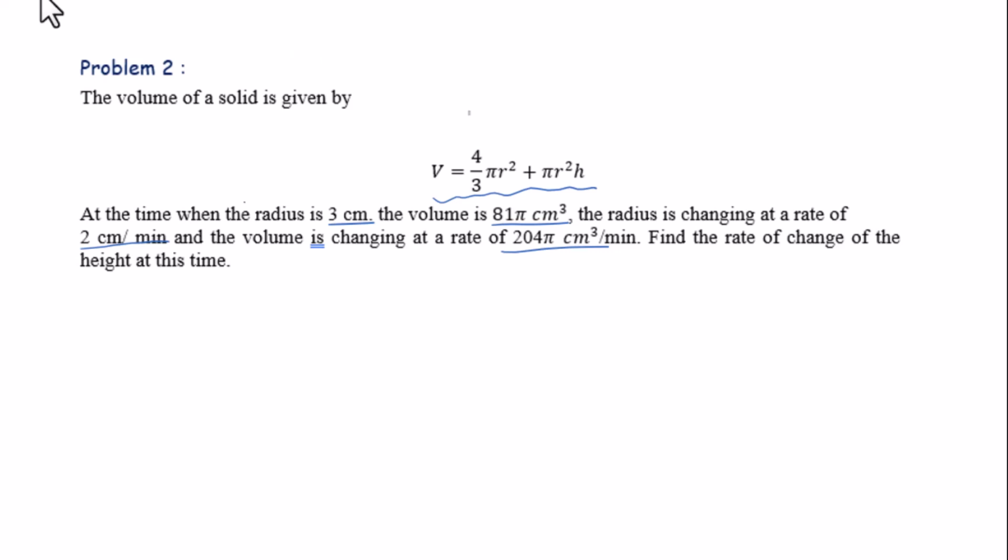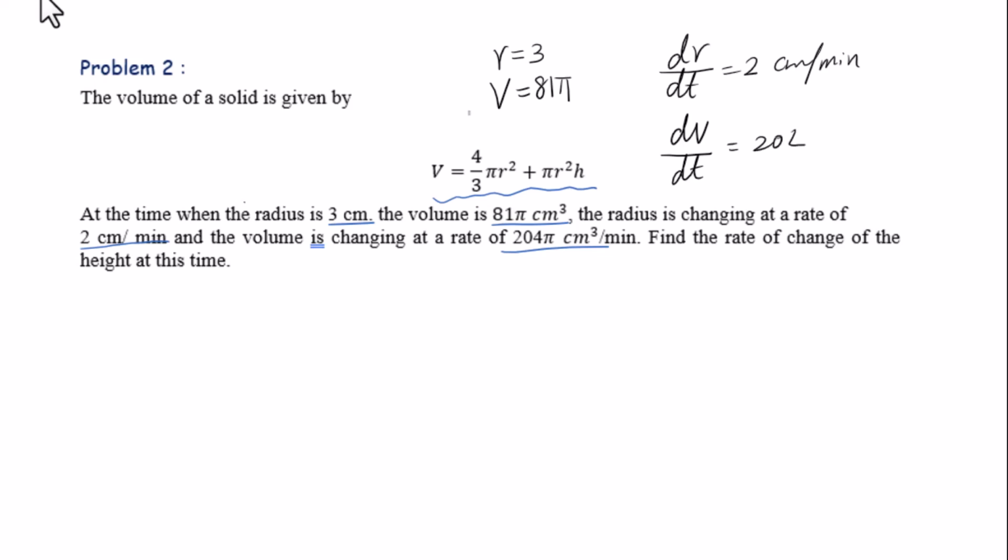According to the given information, we know r equals 3, V equals 81 pi, dr/dt equals 2 centimeters per minute, dV/dt equals 204 pi centimeters cubed per minute.